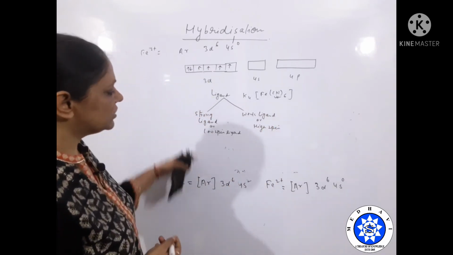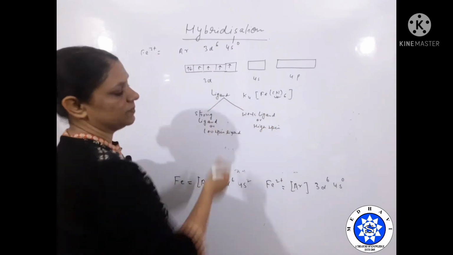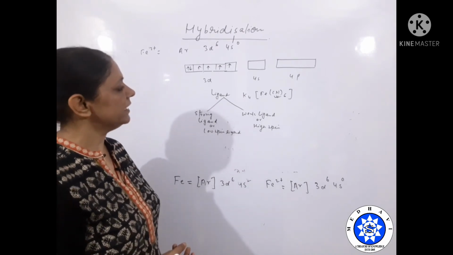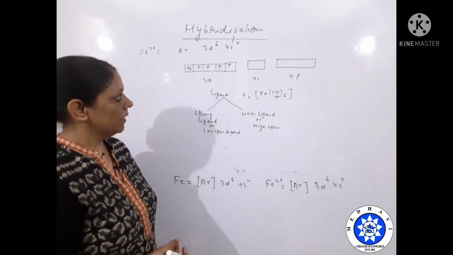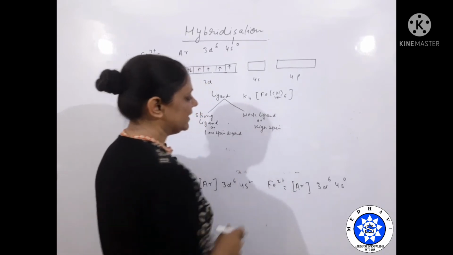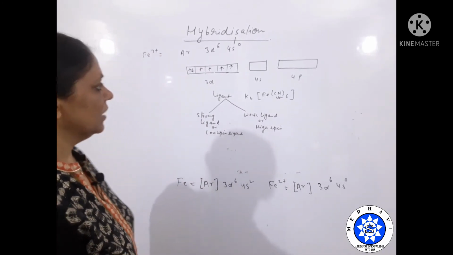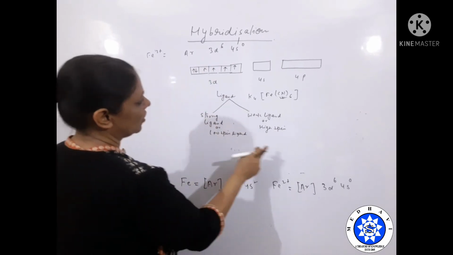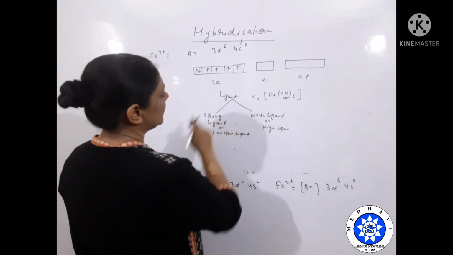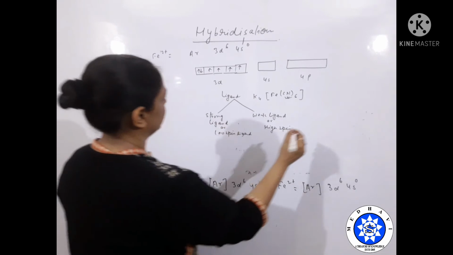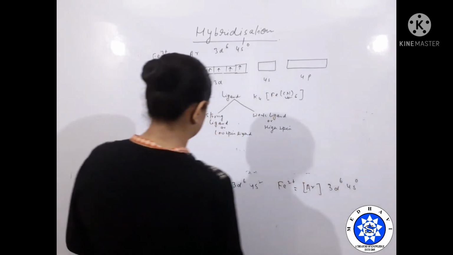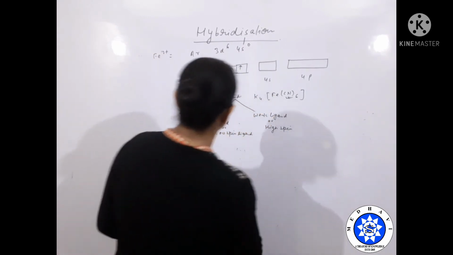There are two types of ligand. So if there is a strong ligand, then pairing will take place. Subshell orbitals will get paired. And if it is a weak ligand or high spin, then there will be no pairing. As CN is a very strong ligand, so the subshell will get paired.